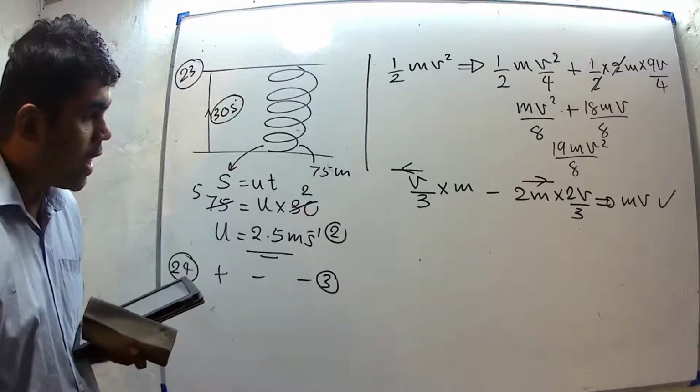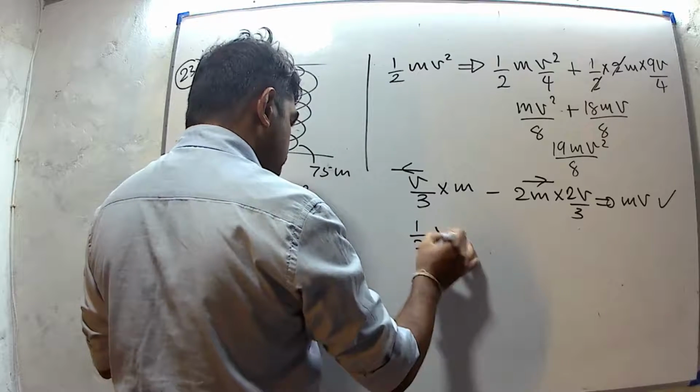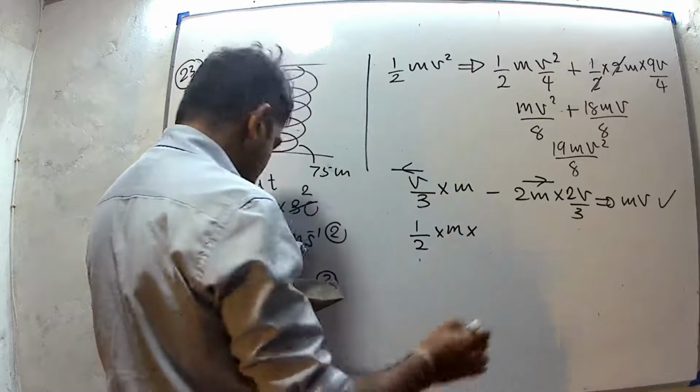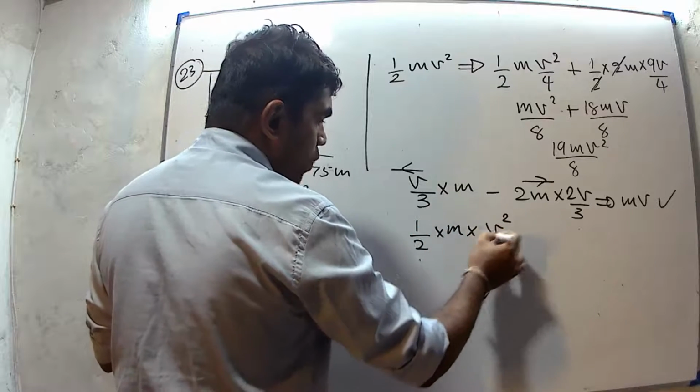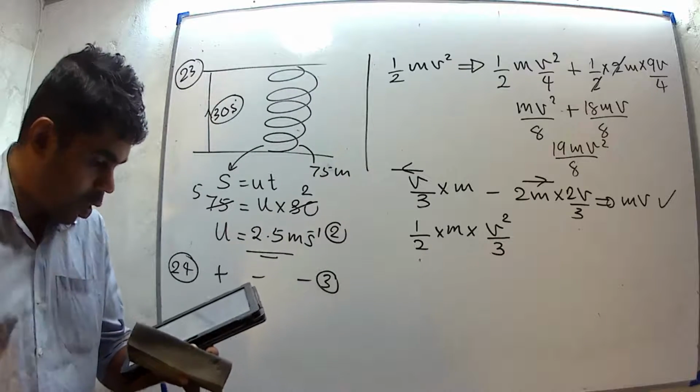Then I will consider kinetic energy, half m v squared. With v over 3 squared, it is the kinetic energy for the first ball.